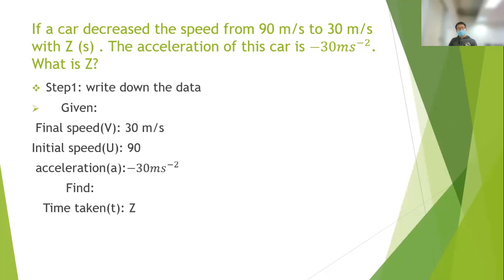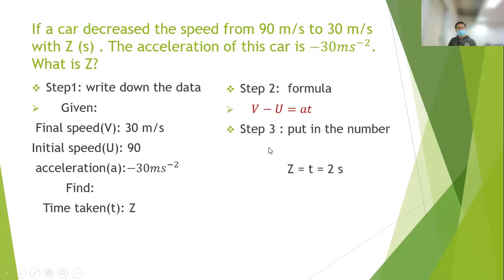We just put in the same way and repeat it again and again: final speed, initial speed, acceleration, time taken. Always repeat it. I believe you guys can do it because you're secondary students. It's very simple, same formula, put in the number, easy equation, minus and divide, easy.